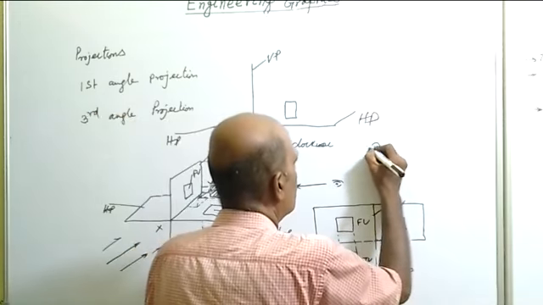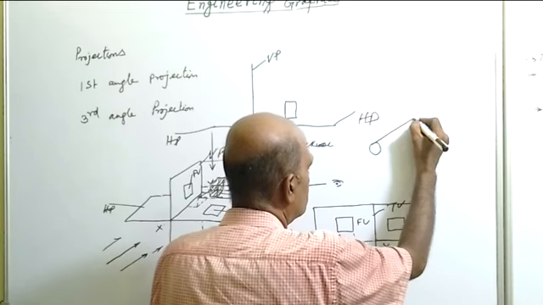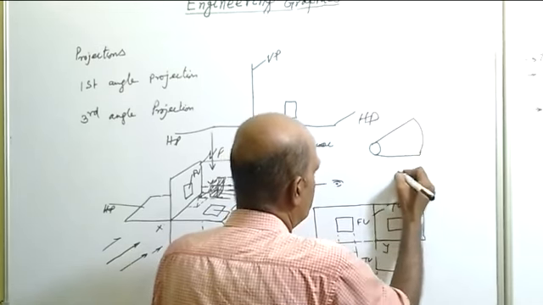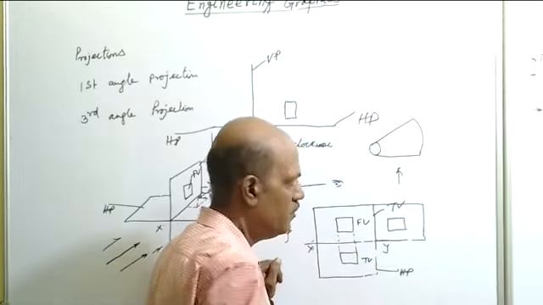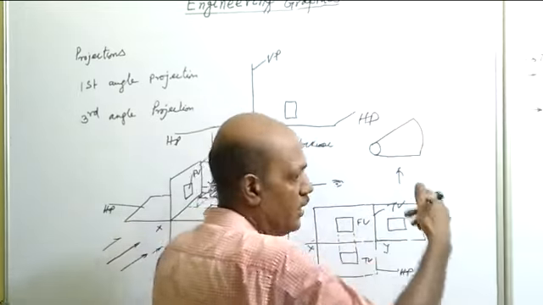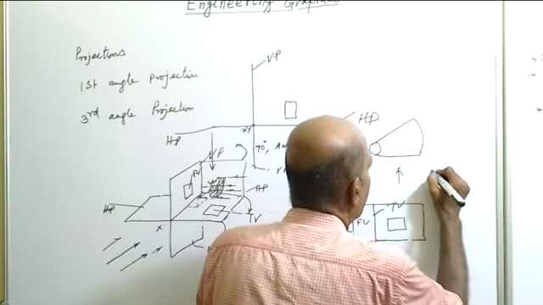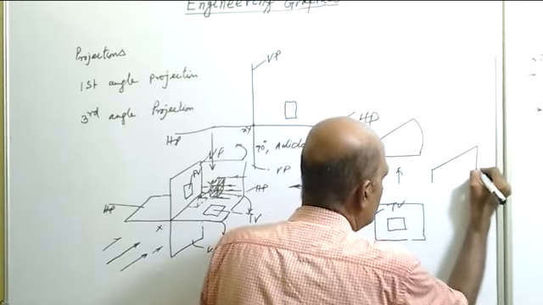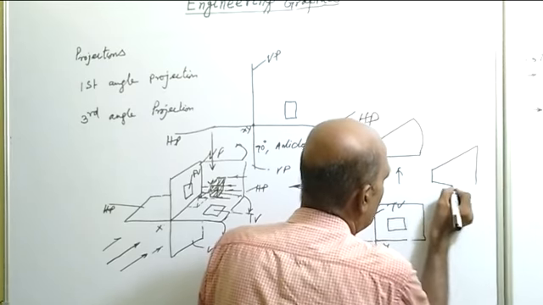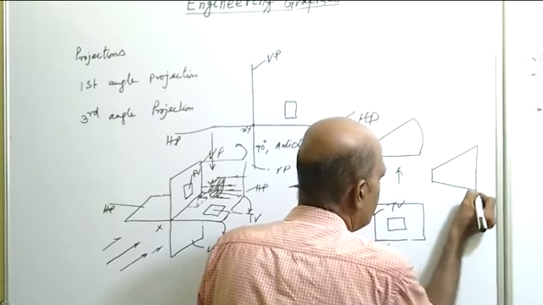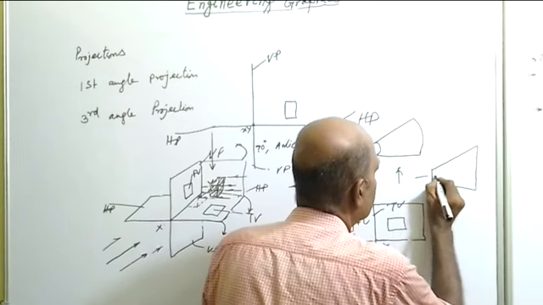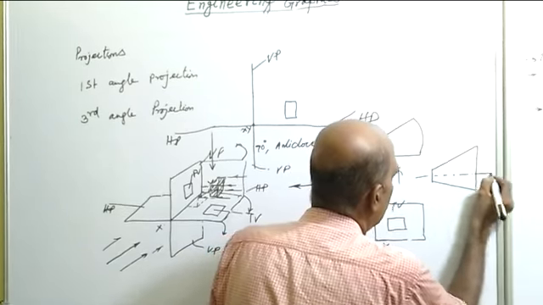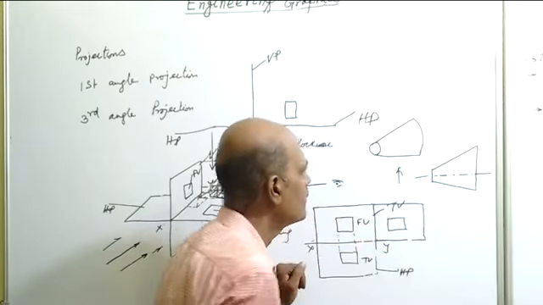So this is the frustum of a cone. If this cone is seen perpendicular to the direction, we can find this one as the front view, which will be formed on VP, and as it is a symmetrical object, we have to put the center line.